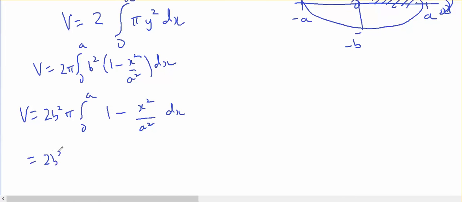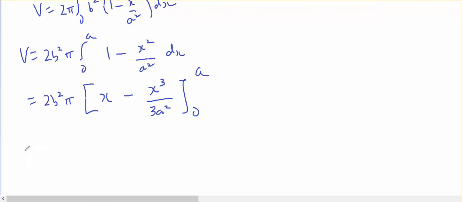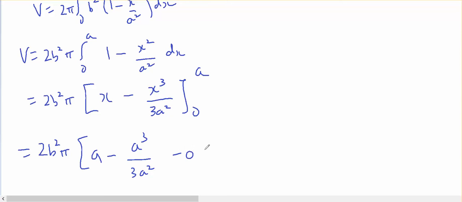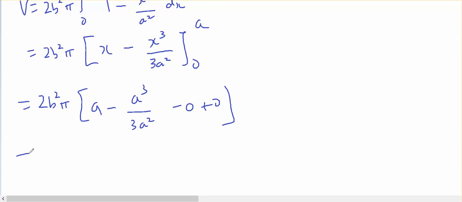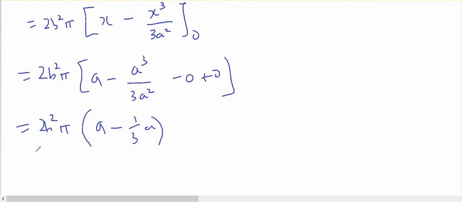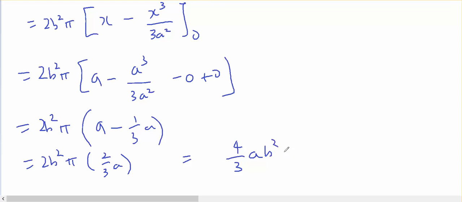That's going to equal 2b squared pi times x minus x cubed on 3a squared from 0 to a, which will equal 2b squared pi times a minus a cubed on top of 3a squared, minus 0 plus 0, which equals 2b squared pi times a minus 1/3 a, which is 2b squared pi times 2/3 a, which equals 4/3 a b squared pi cubic units.